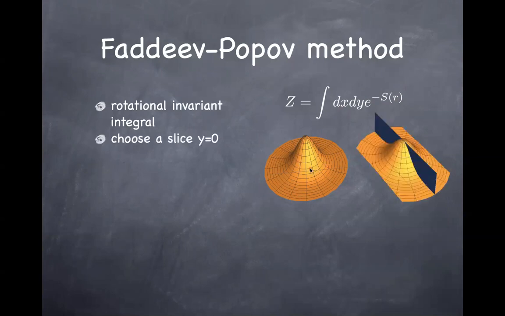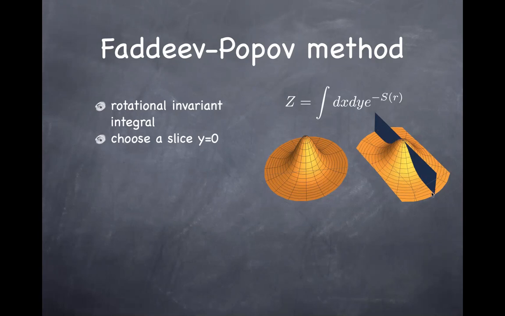But because it's rotationally invariant, we can make the following argument. We are summing over the same thing over and over again along this azimuthal direction. So let's just put one slice and integrate over that slice only. Then we don't have to do this wasteful integral of summing over all these azimuthal directions. I just take one slice and be done with it.